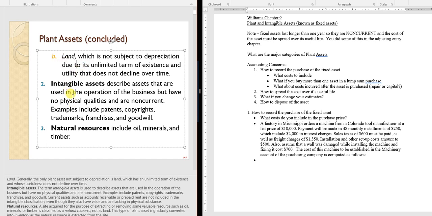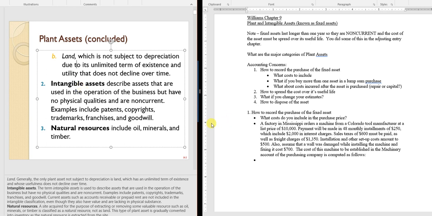The next thing we're going to talk about, in the major categories, is intangible assets. Intangible assets are those things you can't touch. Since you can't touch them, we've created a legal system to represent our ownership.